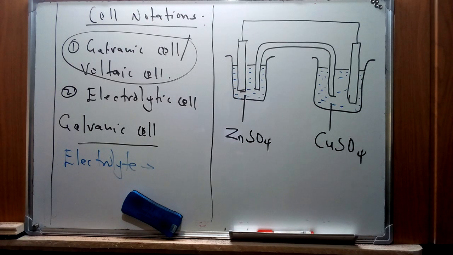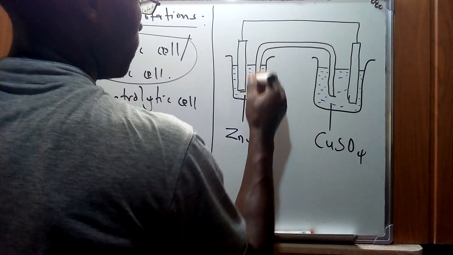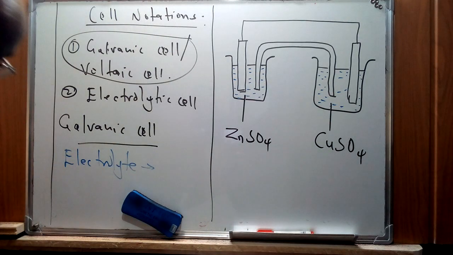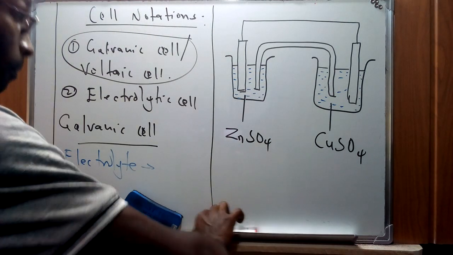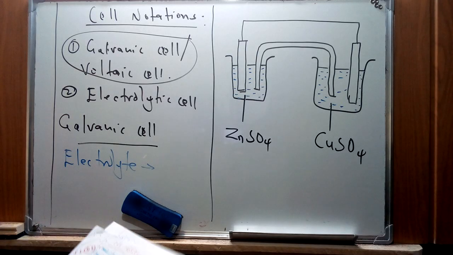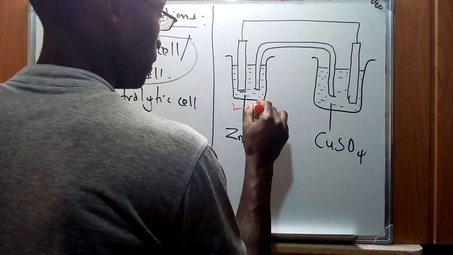Now, this electrochemical cell has got different parts. As you can see, we have two different setups, which are joined together using some junctions. So in this case, we're going to have this part of the cell illustrated as the anode.